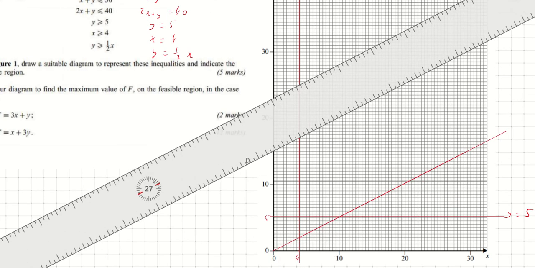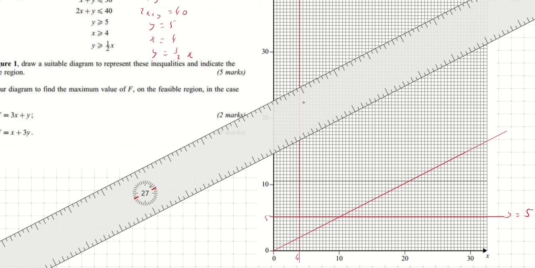So that's my line, y equals 1/2 x. And again, we know that because it goes through 0, 0 here, and it goes through, let's say, 20, 10, which is sort of that point. 20, 10 is on the line.